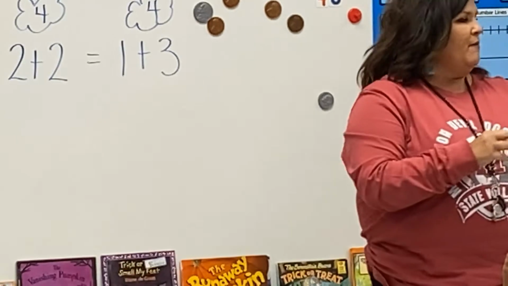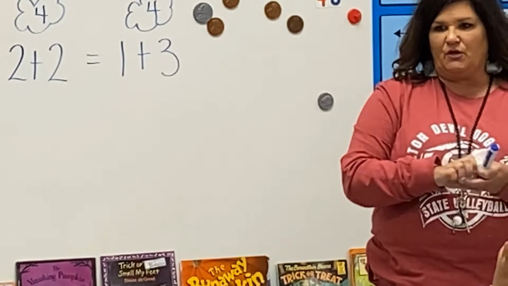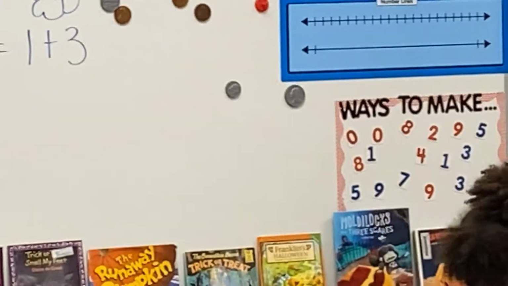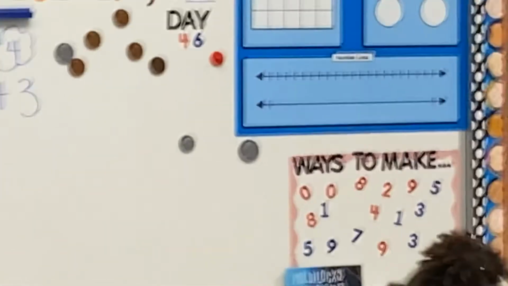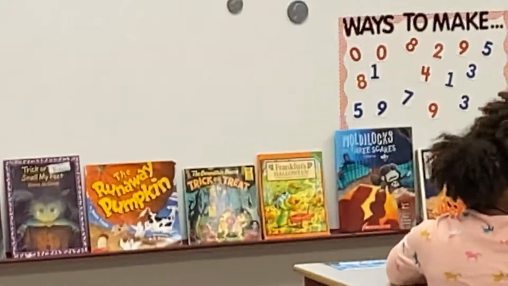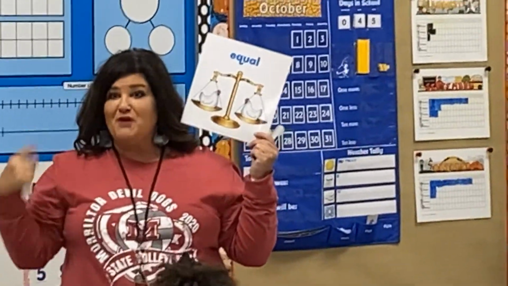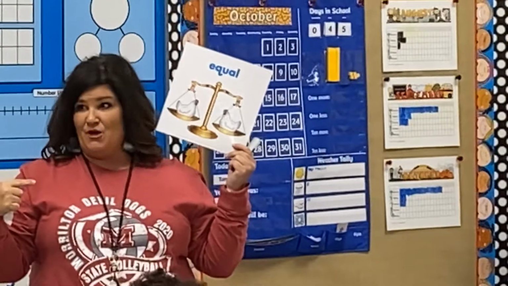One thing that I wanted to show you is that I talked about it when we were talking about adding, when we talked about some vocabulary, and I showed you this poster right here. It says equal, okay? And I told you I was trying to describe a scale to you.